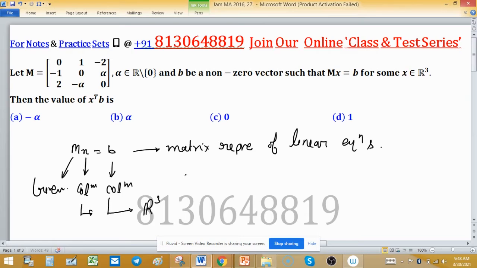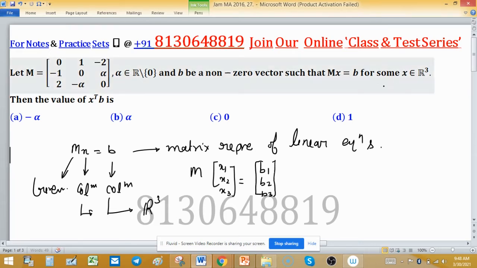So consider a column vector for M. This is x1, x2, x3. This is a column vector, and vector b is b1, b2, b3. So Mx equal to b is justified here, but keep in mind, for some x belongs to R cube, this is true.